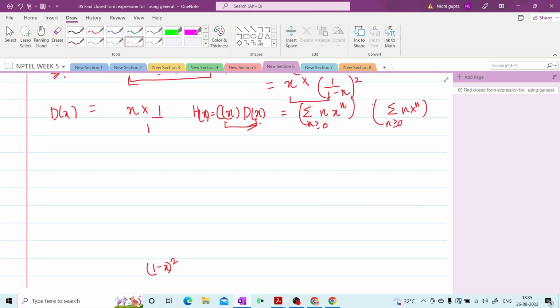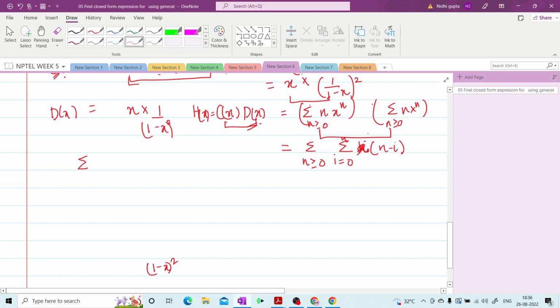Now if we want to give a closed form expression of this, we see that when we multiply this, we get sigma n greater than or equal to 0, sigma i going from 0 to n, i(n minus i)x^n.